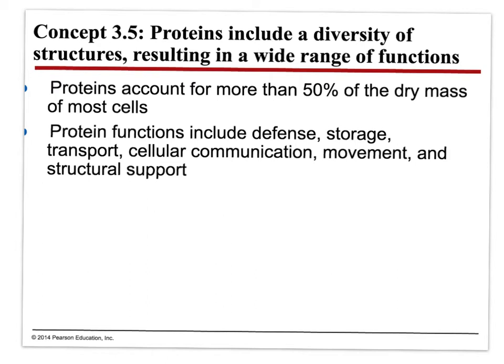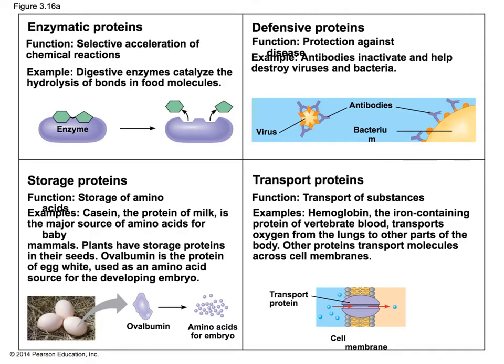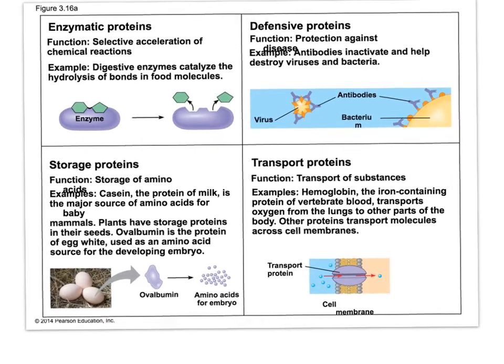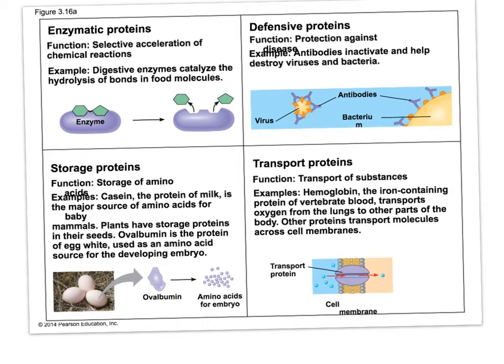Functional-wise, right? They also include defense, antibodies, transport, cellular communication in terms of hormones, movement, right? Contraction and structural support. And they're so much that they account for about 50% of the dry mass of the cell. All right, so here's some examples. You have enzymatic proteins, defensive, storage, transport.